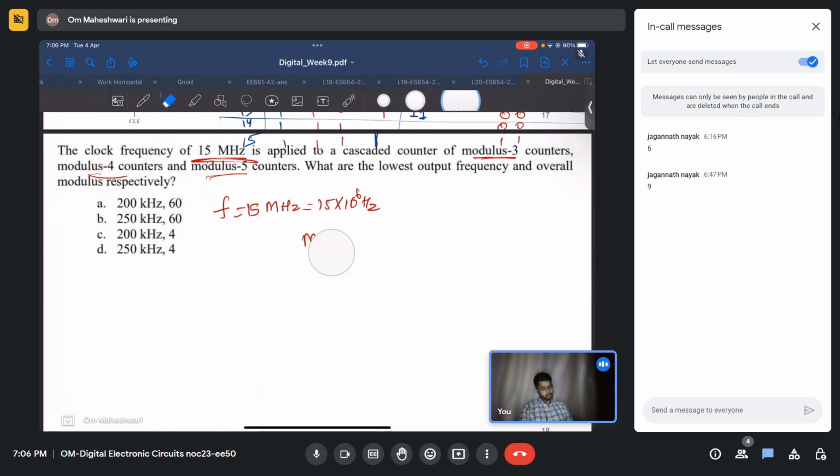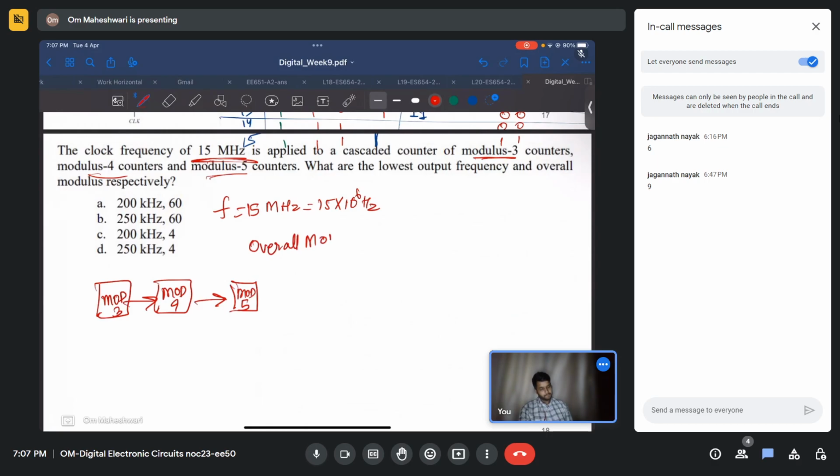So what is the overall mod? Cascade means they're connected one after the other, right? We have mod 3, mod 4, mod 5. In this, the overall mod is the multiplication, M1 into M2 into M3, or any number of cascaded counters.